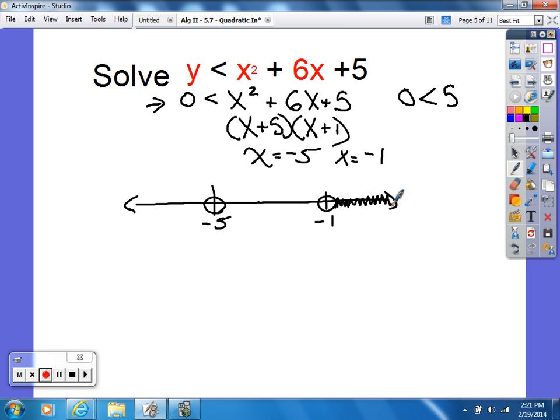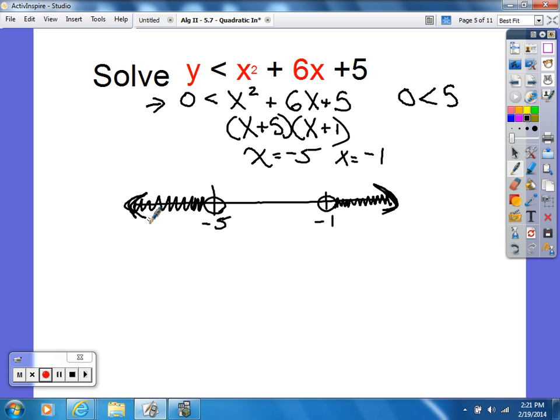So I'm going to shade over it. If I shade it there, guess where else I have to shade? On the other side, right? Does that make sense to everybody, that we have to shade on the outside for both? Okay. Well, now we just have to write our answers.